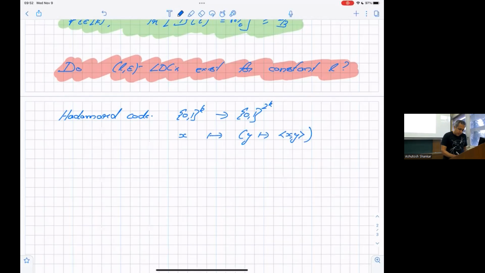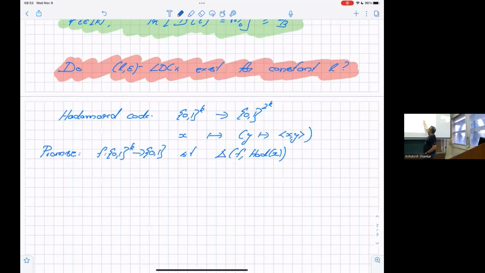Suppose I give you the promise that f is some function from {0,1}^k to {0,1}, a received word, a 2^k long string that I'm treating as a function, such that the distance between f and the Hadamard encoding of some x is less than some delta times 2^k.